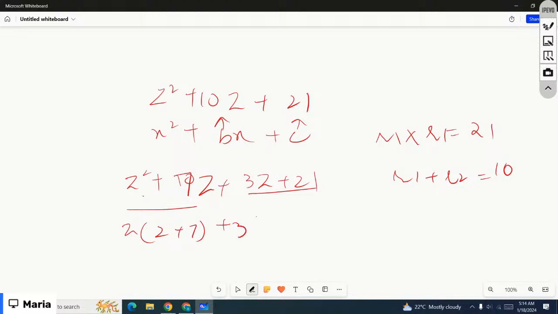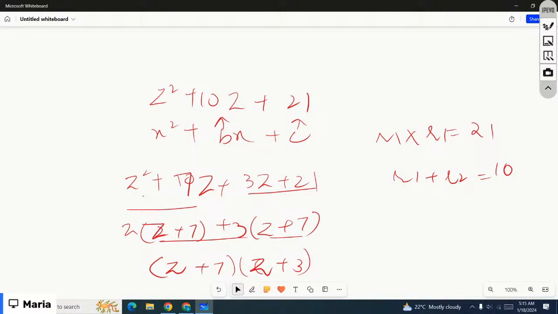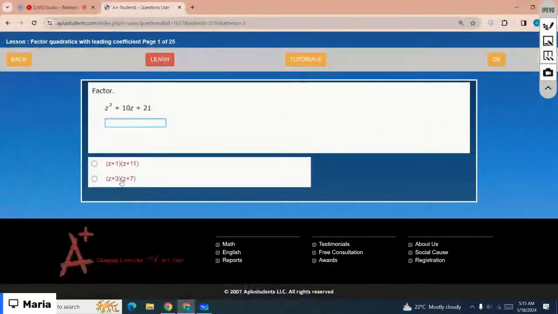From here you can take common 3, that is z plus 7, right? So z plus 7 is the common factor, you are left with z plus 3. So you have two factors, they are z plus 7 and z plus 3, got it? The correct option is z plus 7, z plus 3. Option number 2 is the correct option.